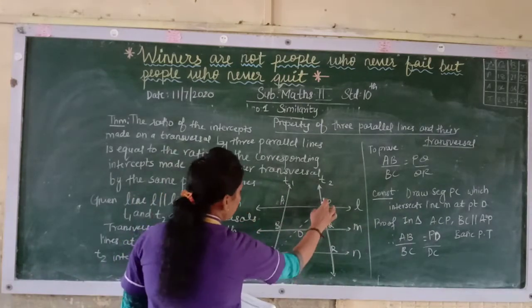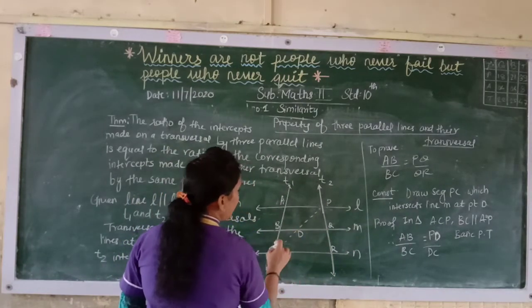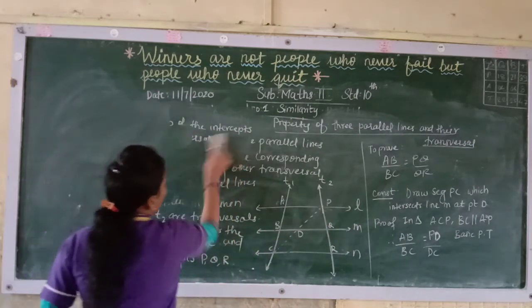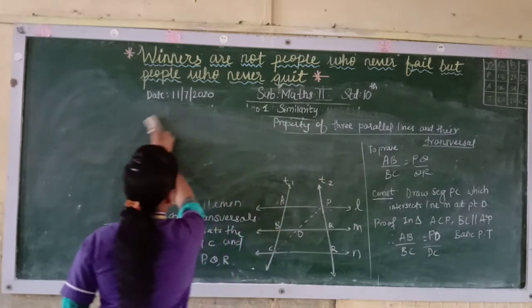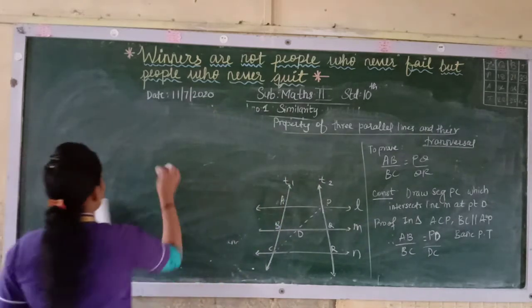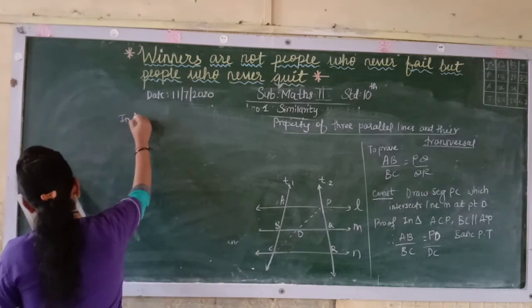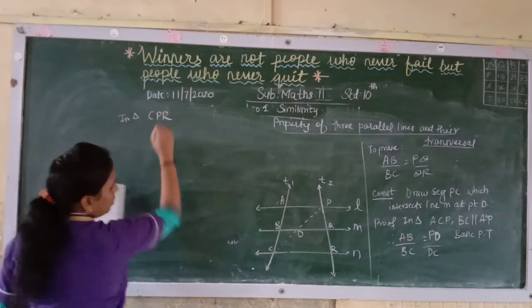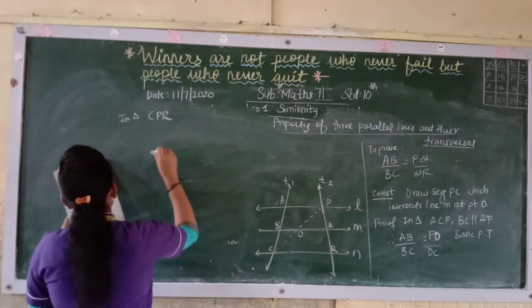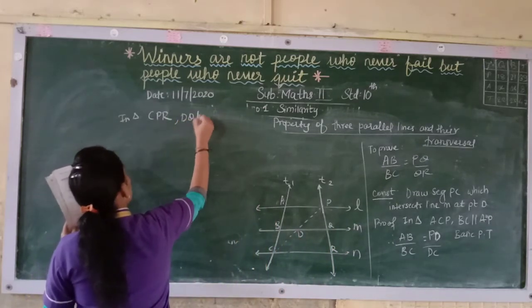Now you will apply it in triangle CPR, again getting a ratio by the basic proportionality theorem. In triangle CPR, DQ is parallel to CR.